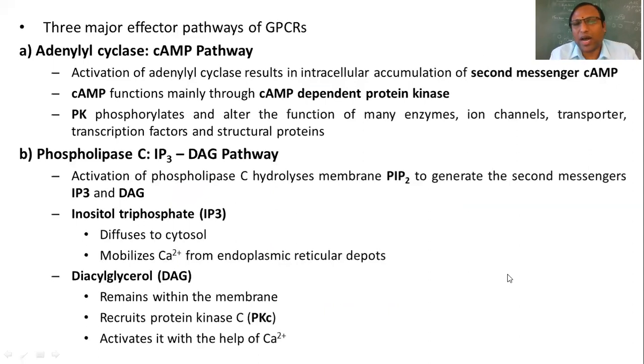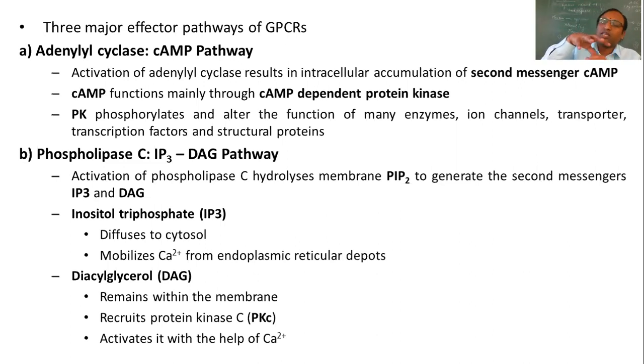So the 3 major effector pathways of the GPCRs, if you see here. The first one is called the adenyl cyclase cyclic AMP pathway. In this pathway, the activation of adenyl cyclase results in the intracellular accumulation of the second messenger, cyclic AMP.